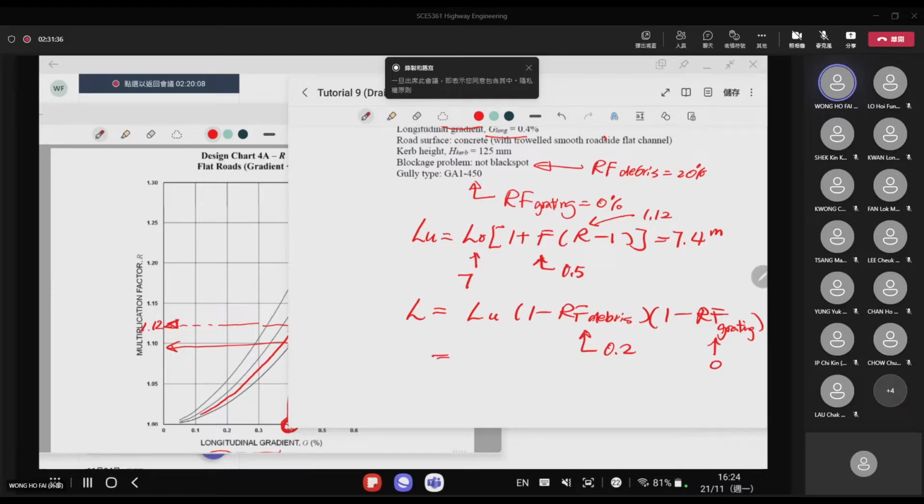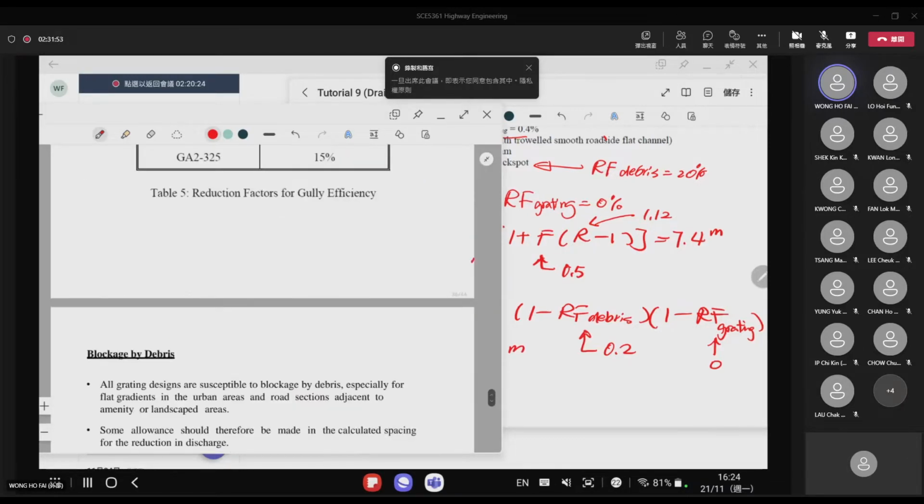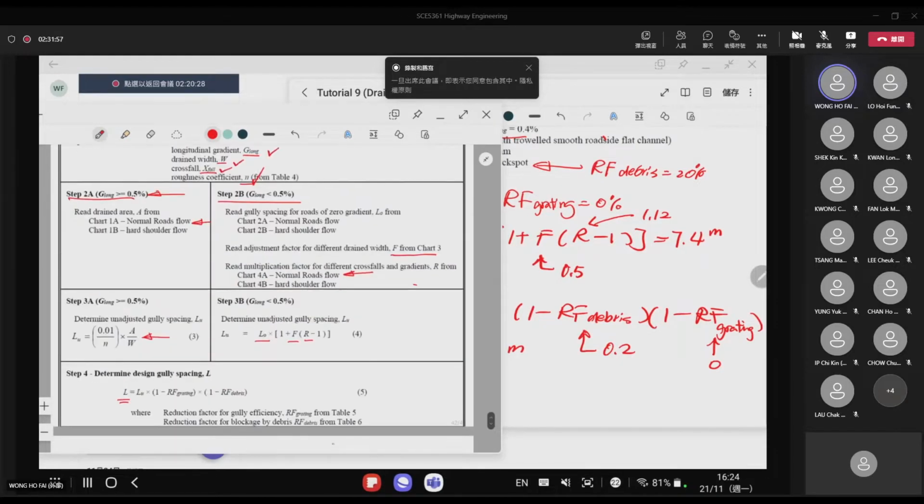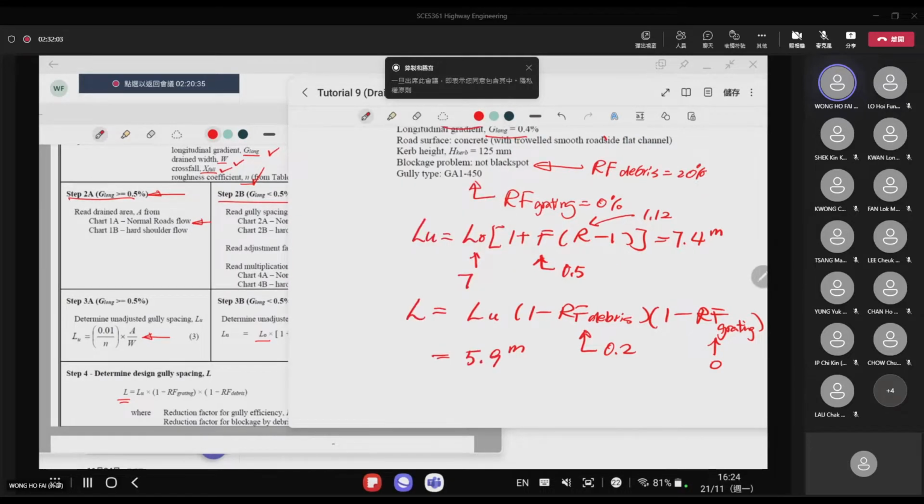So again, it is equal to 7.4 and then times 80%, around is equal to 5.9 meters, right? Can you get that by yourself?